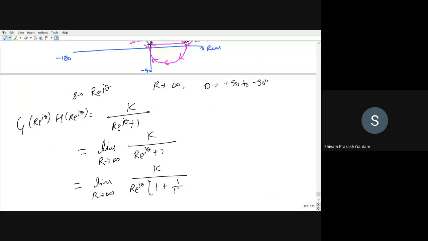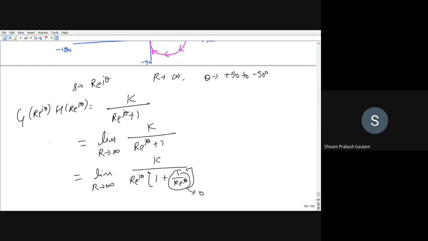If you put the limit, this part, because of R, will be equal to 0. And in this magnitude, if you put R is equal to infinity, you will get magnitude as 0.